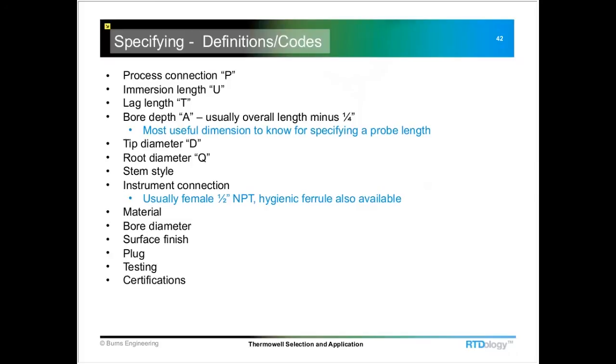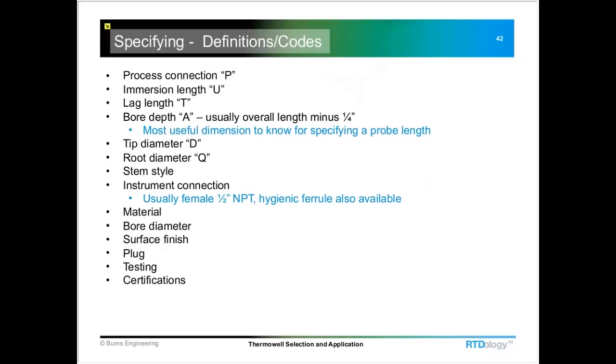So some of the definitions of the different letters and variables that are used to specify a Thermowell, and these are pretty much an industry standard that you'll see on instrument data sheets.